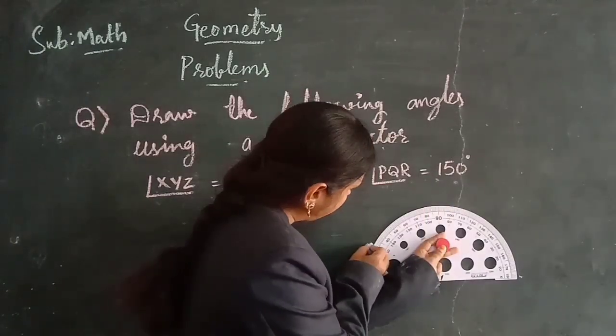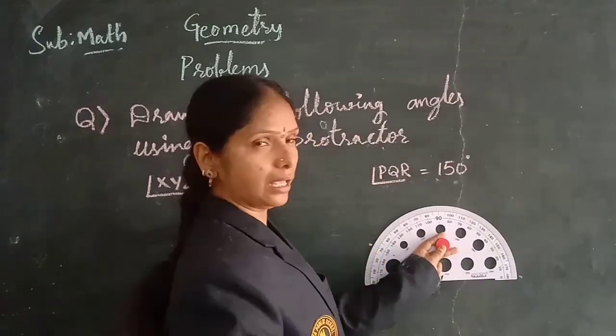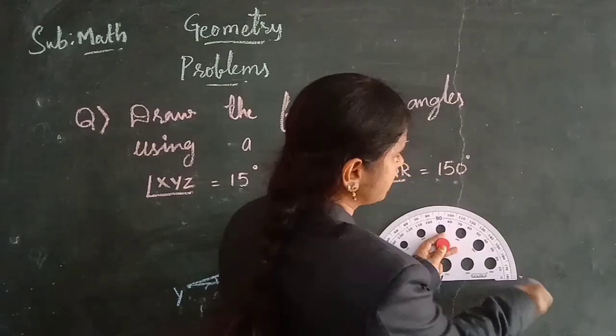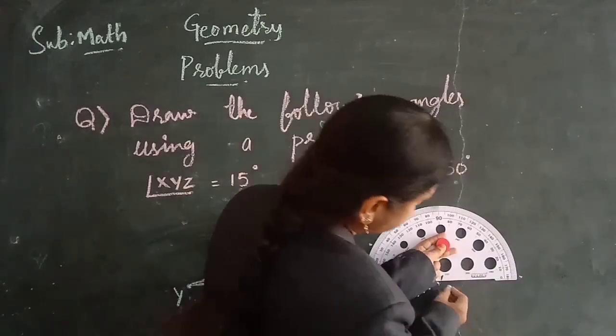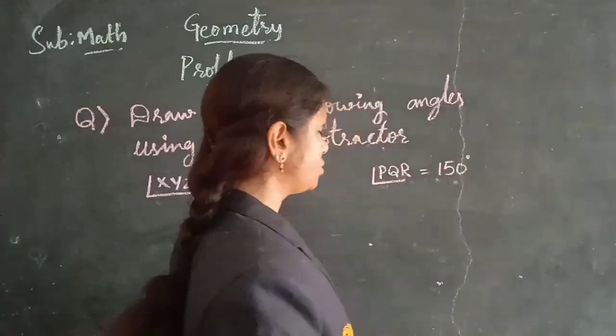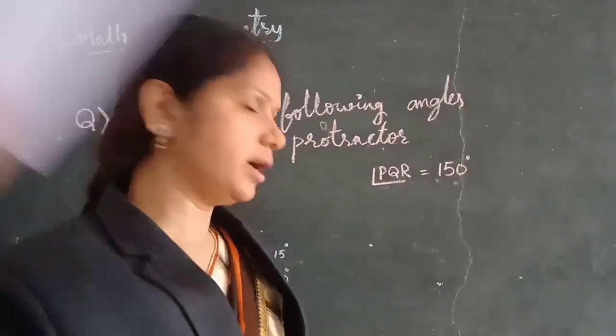So here I am keeping the point, children. This is the terminal ray. The initial ray at 0 degrees, the terminal ray at 150 degrees, children, and this is the midpoint. After marking the points, you can use the scale here.